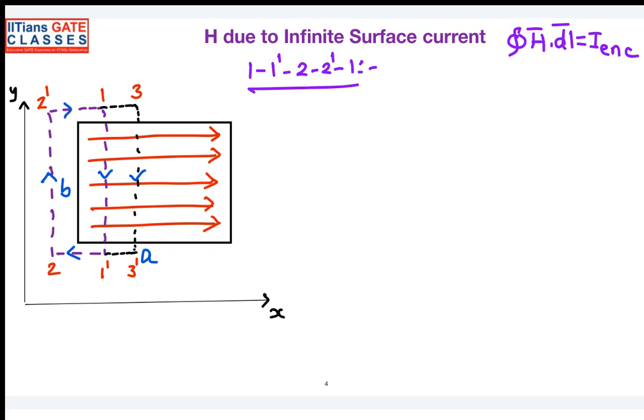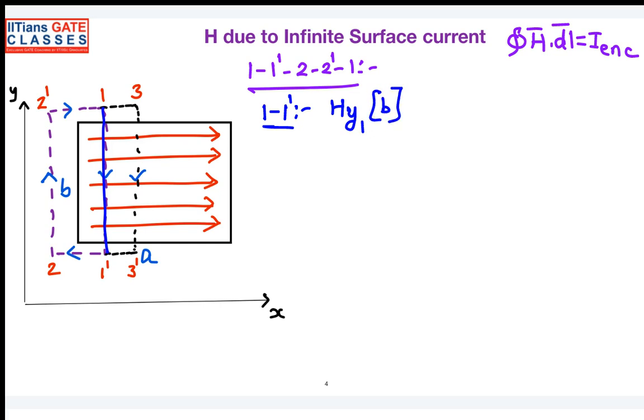Let me do it from 1 to 1 prime. When you are doing it from 1 to 1 prime, you are moving in the negative y direction. Let me call the magnetic field itself Hy1. So this is 1 to 1 prime, with the magnetic field component Hy1 times the length covered, which is B.